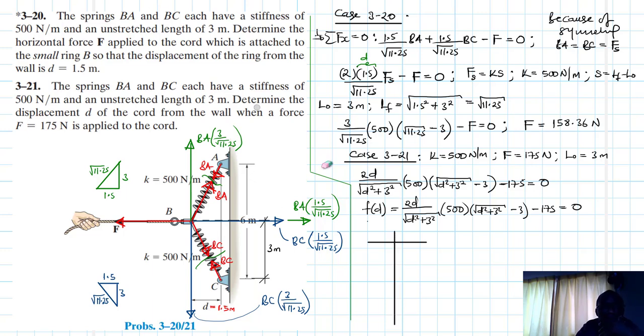We need the range, the interval. So d will be from 0 meters to... I'll compare the value of F. In the first case, the value of F we found was 158 and d was 1.5. Here we've been given 175, so I can go for d equal to 3.